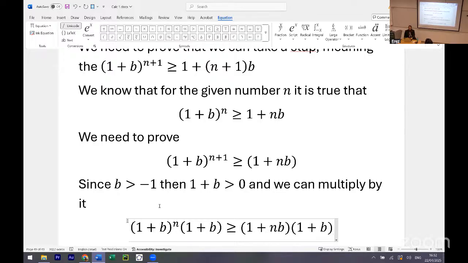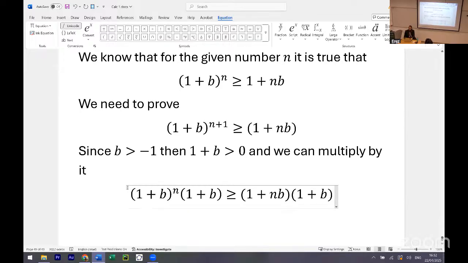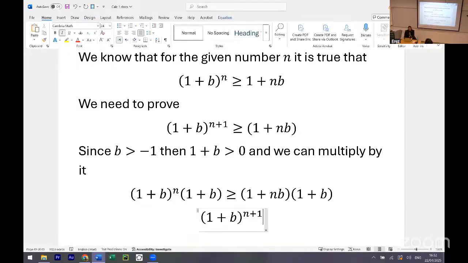Do you agree so far? On the left-hand side, obviously, we get 1 plus b to the power of n plus 1. And on the right-hand side, let's open the parentheses, distribution law. 1 plus b plus nb plus nb squared. Agreed?